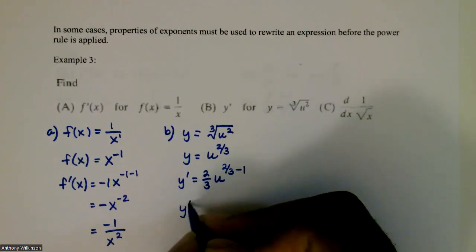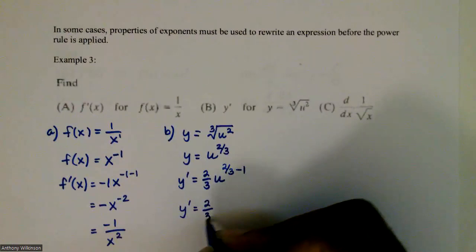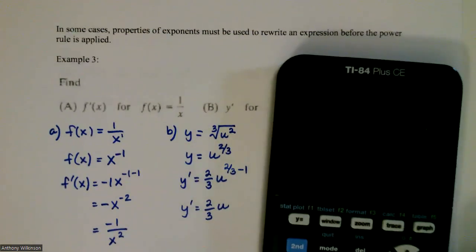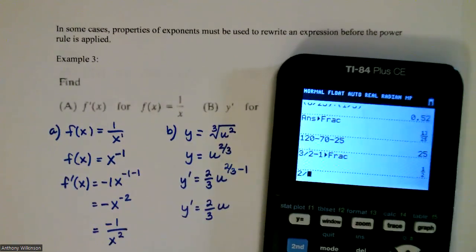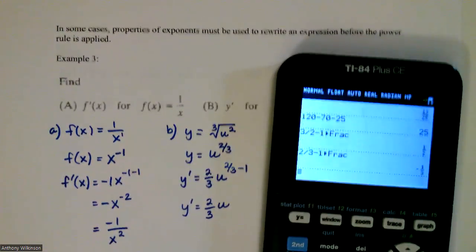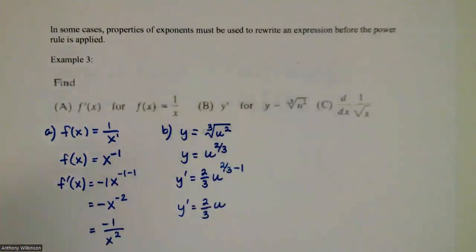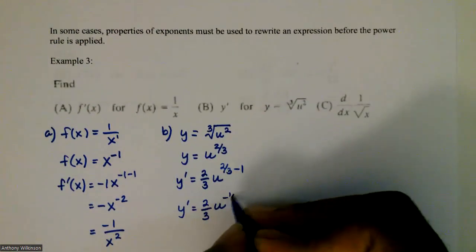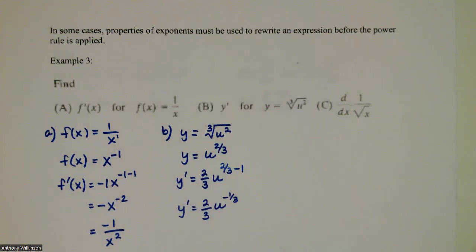So now you got y prime is equal to 2/3 u to the 2/3 minus 1. Using my calculator, 2 divided by 3 minus 1. Math key, number 1 for fraction, -1/3. Okay. And I will leave it like this as an answer.